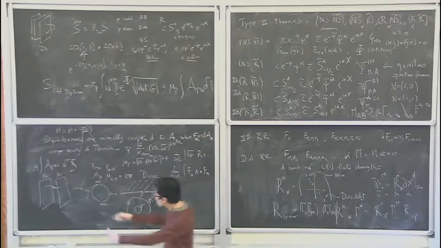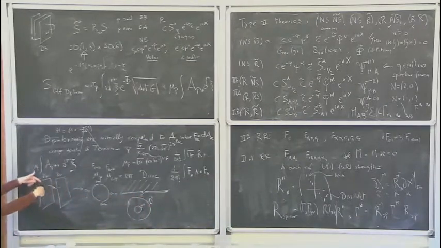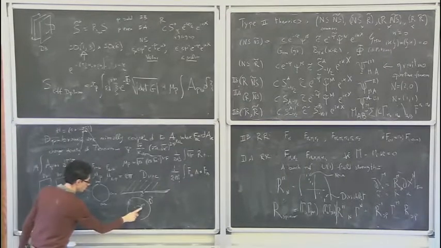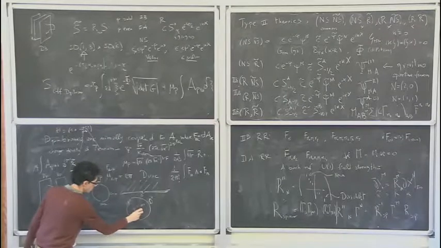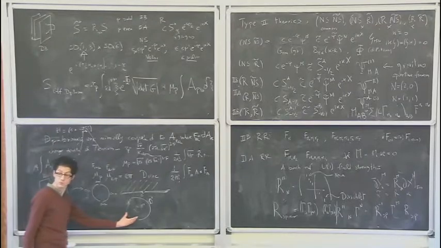So the idea is you take this open string and you make a loop. Then this is one boundary, and this is the other boundary. So that's why it's a one-loop calculation.